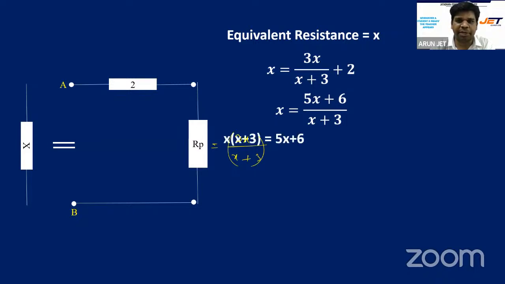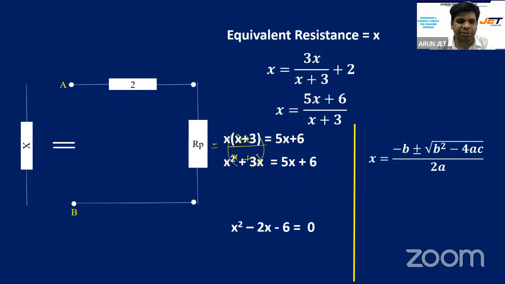So I cross multiply: x into x plus 3 is equal to 5x plus 6. X square plus 3x is equal to 5x plus 6. X square minus 2x minus 6 is equal to 0. Formula for the quadratic equation, I substitute the values of a, b, and c.